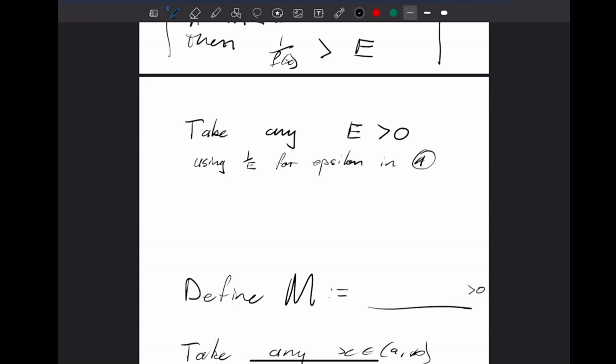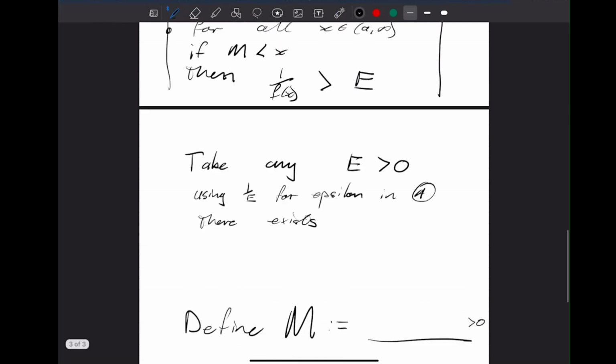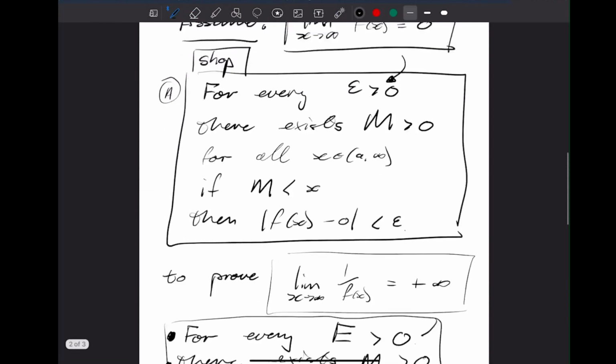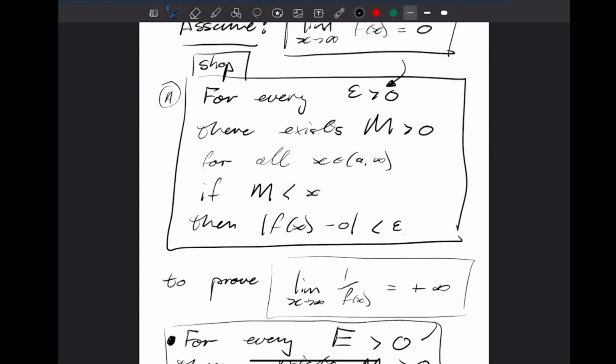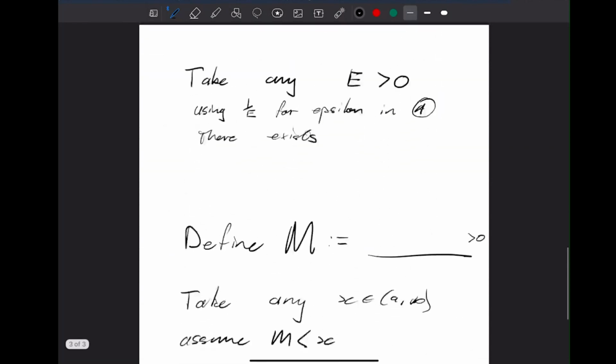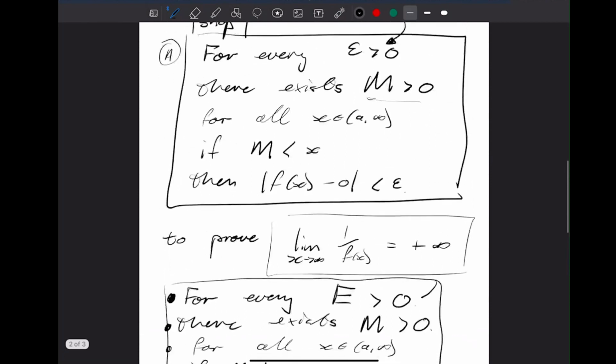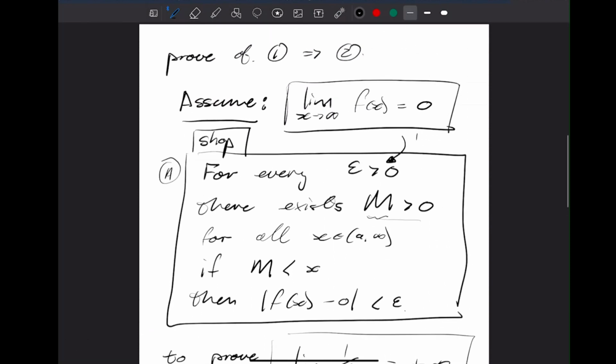We get that there exists an m, but this m and that m are not the same. So we're paying with 1 over E and we're getting some positive number out.